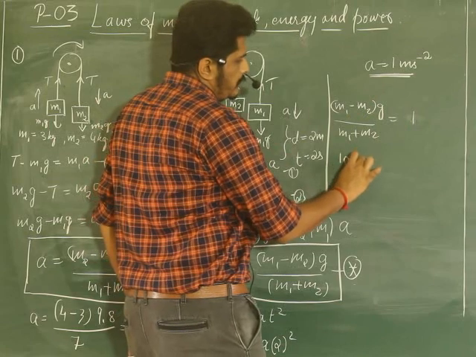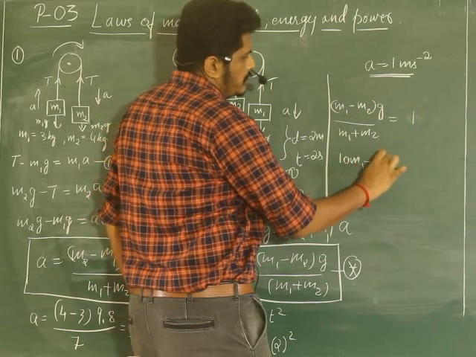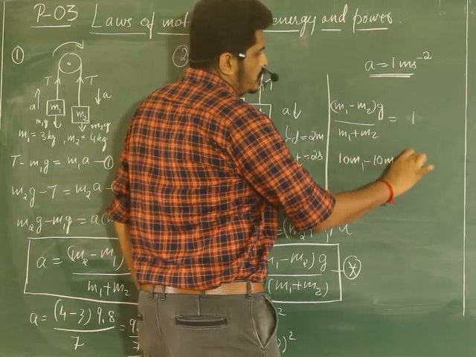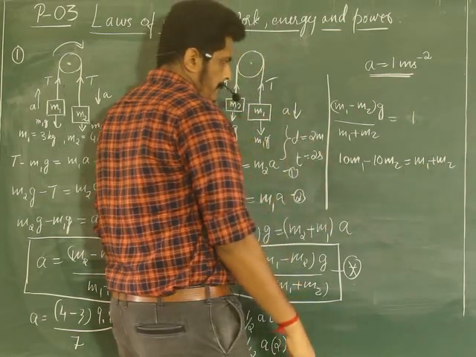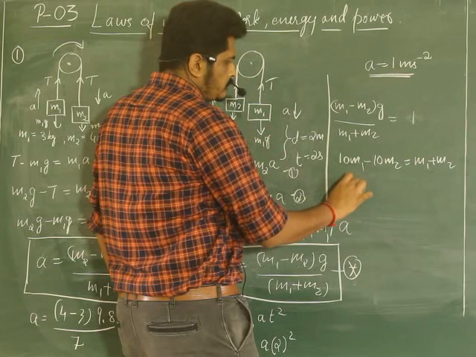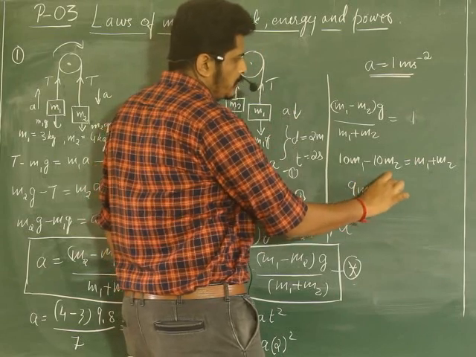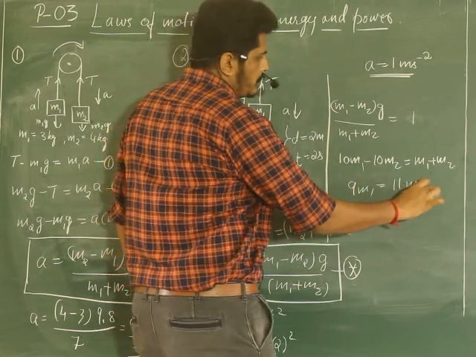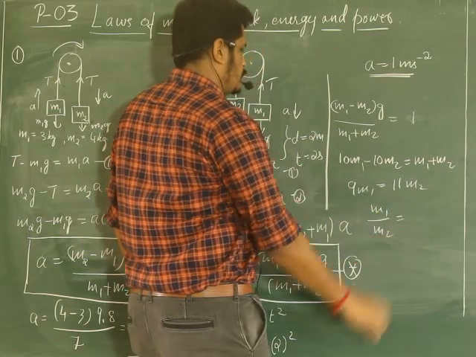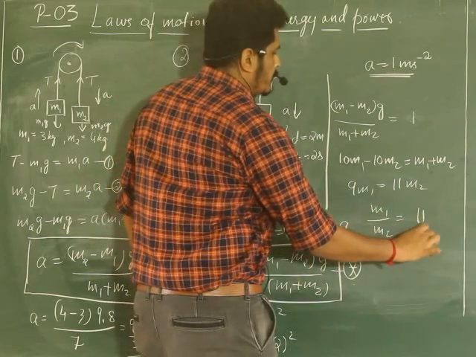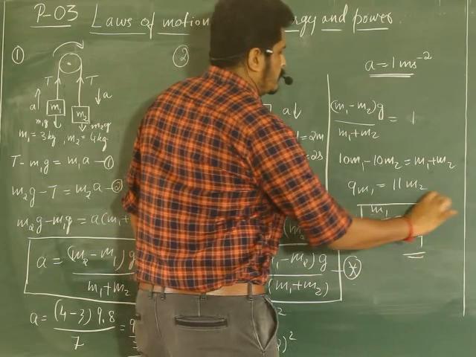So 10 M1 minus 10 M2 equal to M1 plus M2, equating 9 M1 equal to 11 M2. So M1 by M2 equal to 11 by 9.